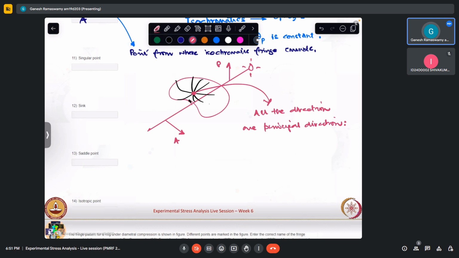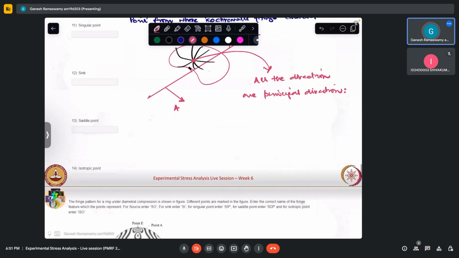And what is a principal direction? It is the direction on which the stresses applied on that plane are the principal stresses. In other words, if we have a case where these isoclinics are all crossing at a point which is not loaded, here all the directions are principal stress directions. Another way to say this is all the stresses are principal stresses. So sigma 1 minus sigma 2 is n f sigma by h, we know that.